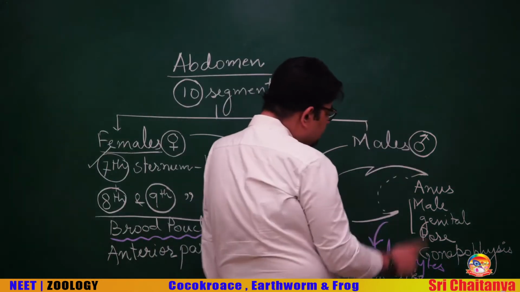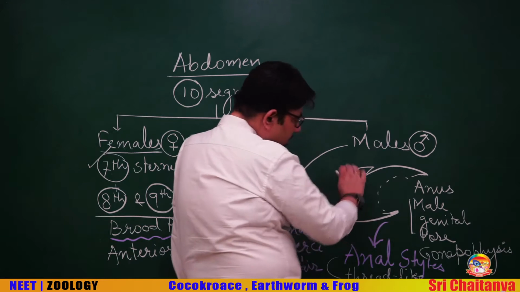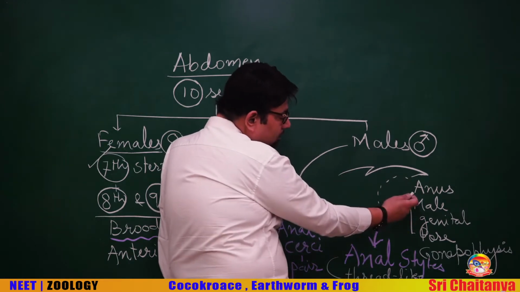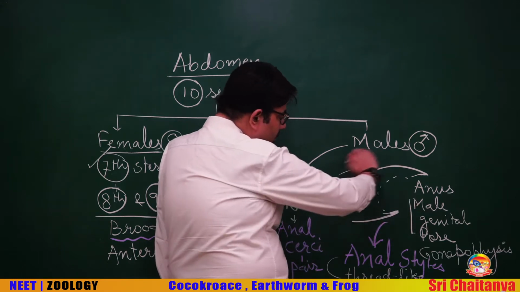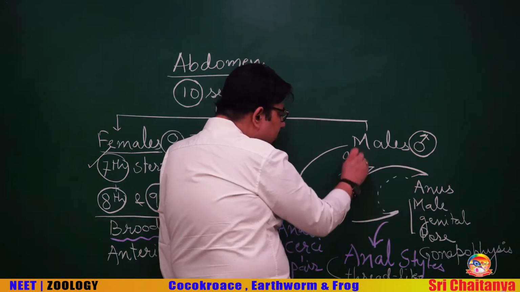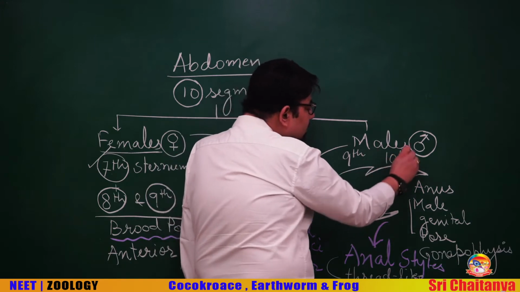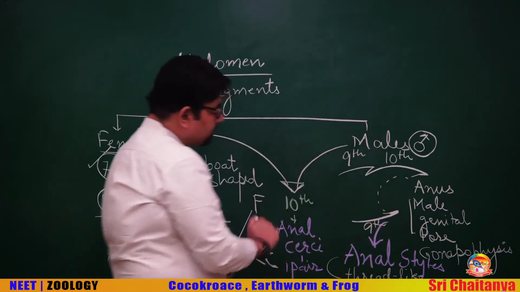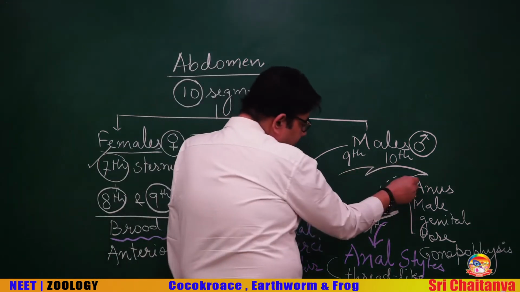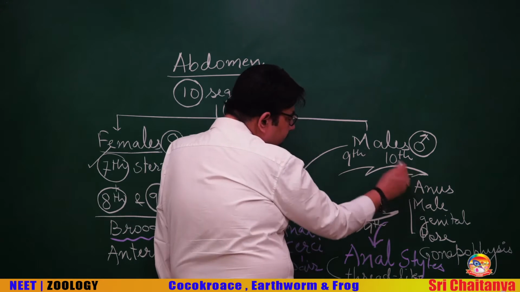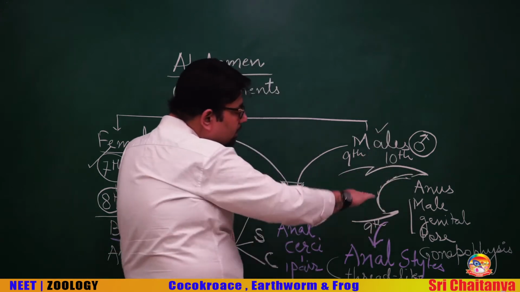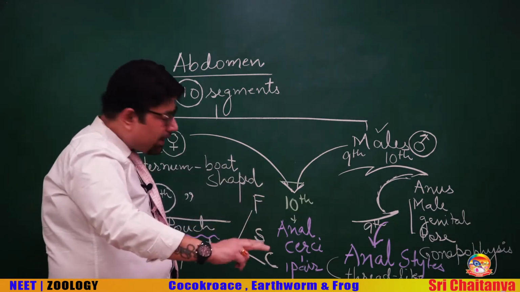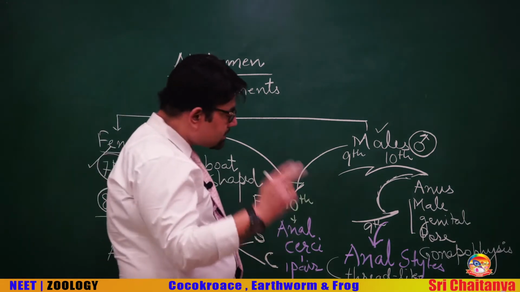In males, the genital pouch is at the hind end of the body. Dorsally, the 9th and 10th terga, and ventrally, the 9th sternum. So, the genital pouch in males is bounded dorsally by the 9th and 10th terga and ventrally by the 9th sternum.